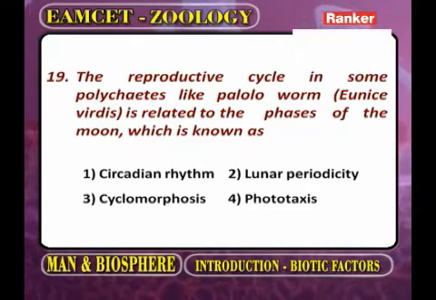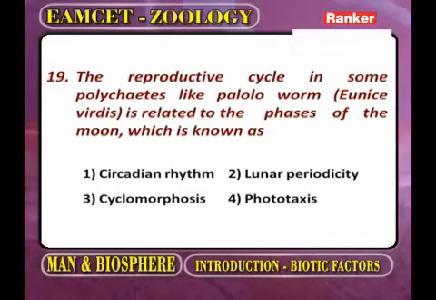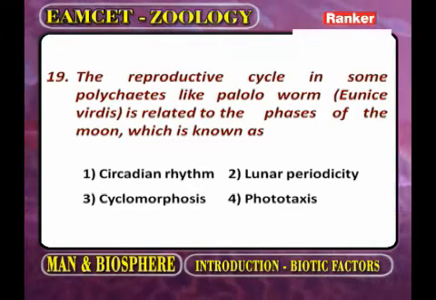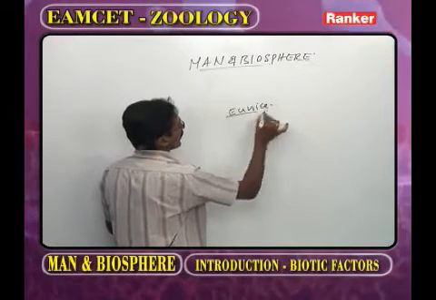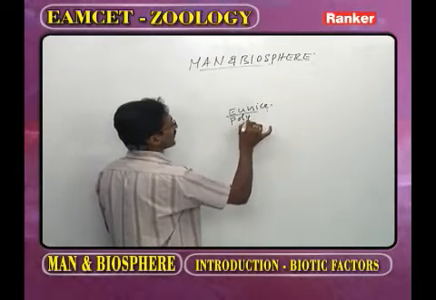The reproductive cycle in some polychaetes like palolo worm, its scientific name is Eunice viridis, is related to phases of the moon, which is known as? Now, as we observe the Eunice, it comes under the class Polychaeta.